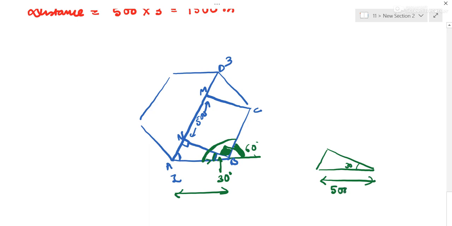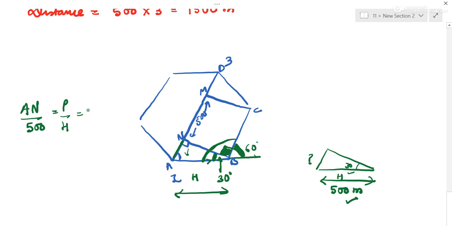Each side of the hexagon is 500 meter. So this is base. This is 30. So we have to find out this perpendicular AN. So AN up, 500 down, that is base down. Perpendicular up. Sorry, this is not base, this is hypotenuse. Yeah, this is hypotenuse. This is opposite to 90 degrees, so this is hypotenuse.